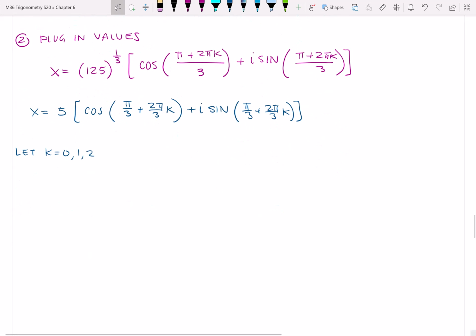This is for k equals 0. So we have x is equal to 5 times cosine of pi over 3, because k is equal to 0, so we don't have to worry about that part, plus i sine of pi over 3.